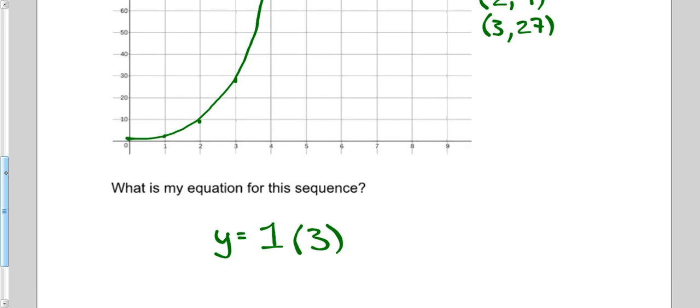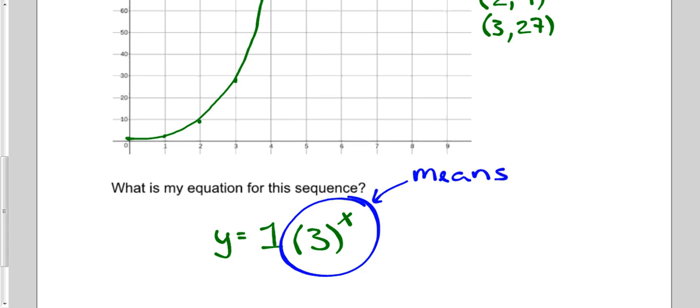So the shortcut way of writing multiplication over and over again is to write it as an exponent. So I'm going to put my x up here. And this right here means 3 times 3 times 3 times, and I want to do that x times.